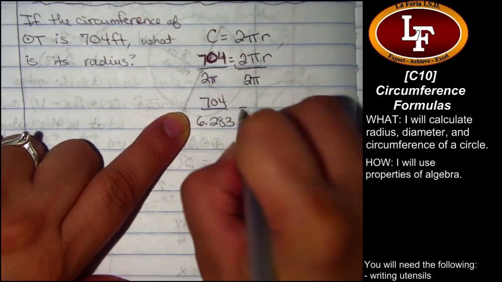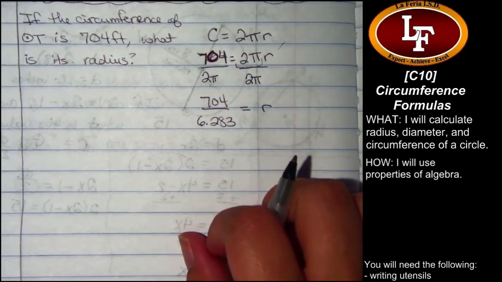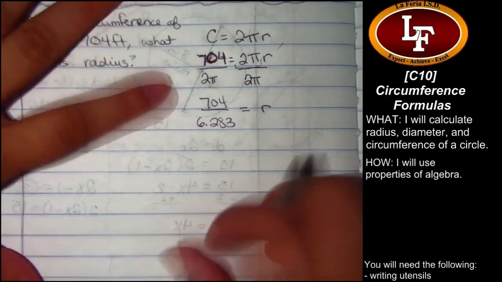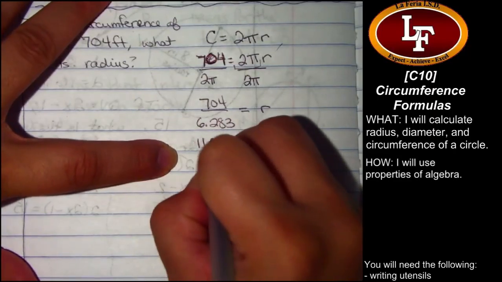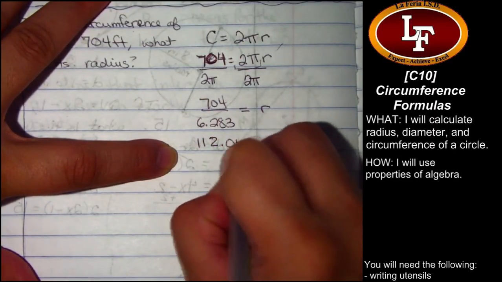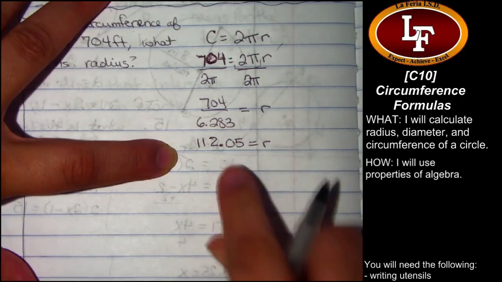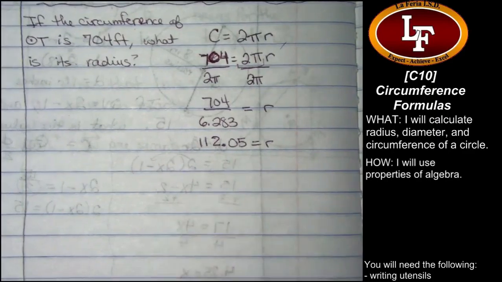I'm only going to take it up to 3 decimal places right now. And now I can go 704 divided by 6.283. And that tells me that the radius of the circle had to have been about 112 feet, with a little tiny bit more.